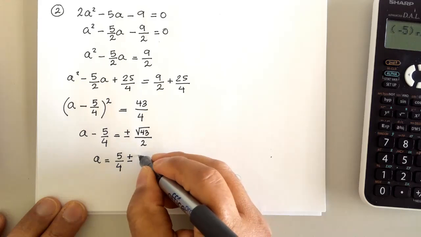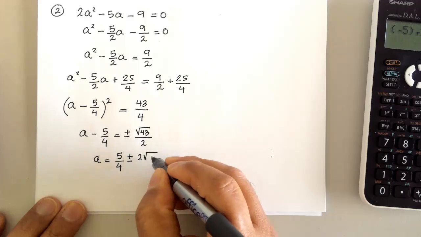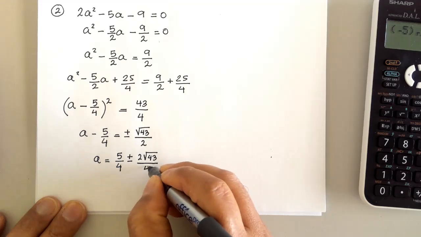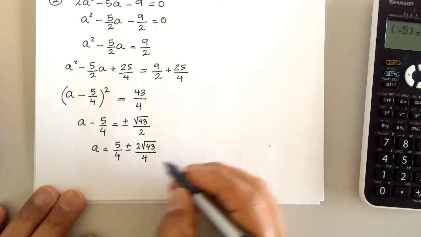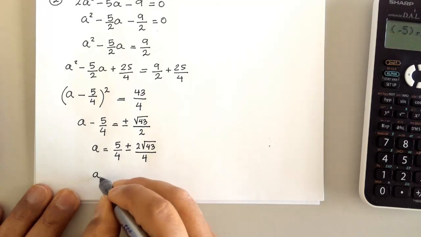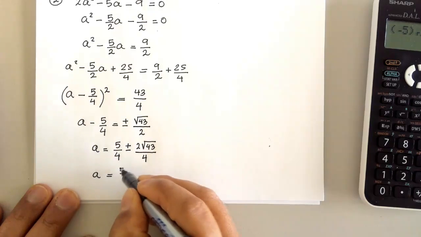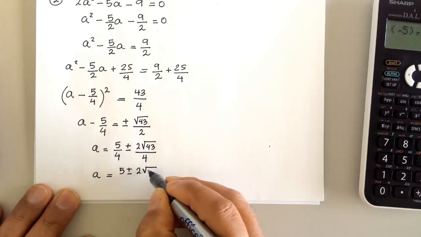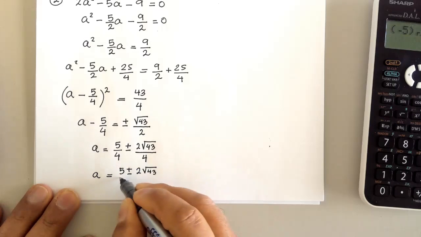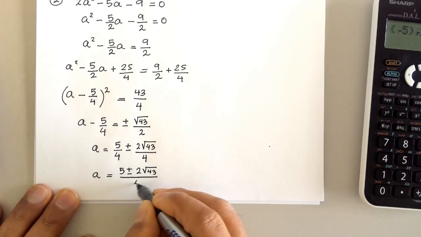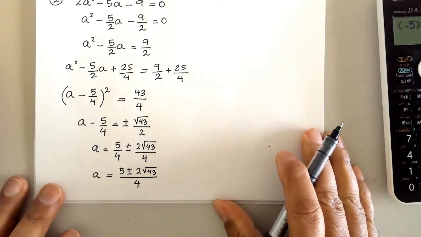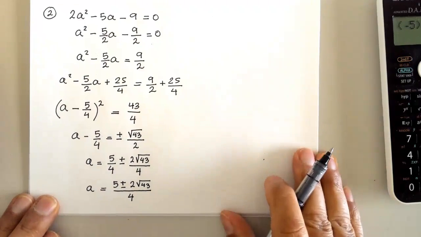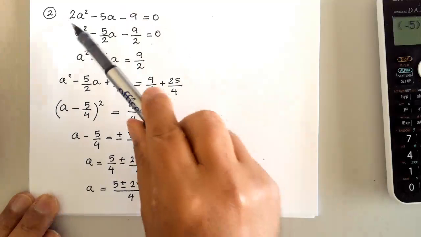So it's going to be 2 square root of 43 divided by 4. Okay, and then I can put this together. So a is going to be equal to 5 plus or minus 2 square root of 43 divided by 4. Okay, so that is the solution for this equation, this non-monic equation.